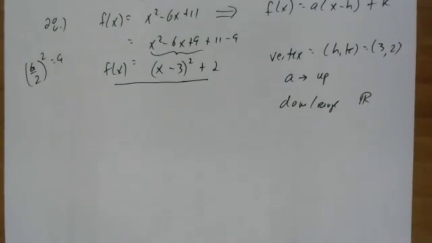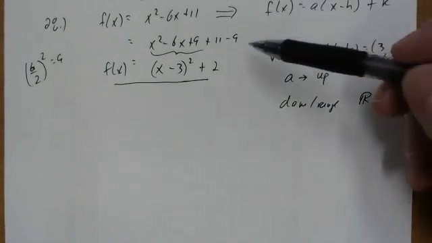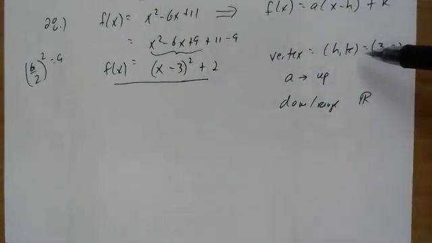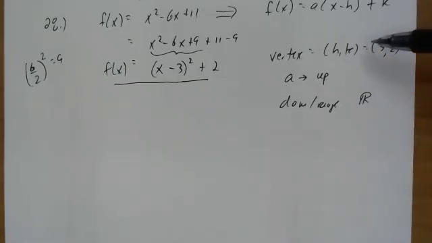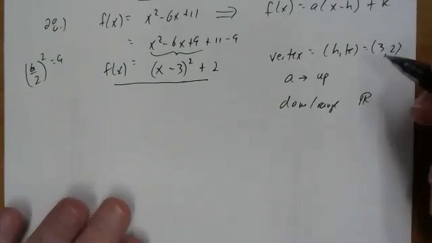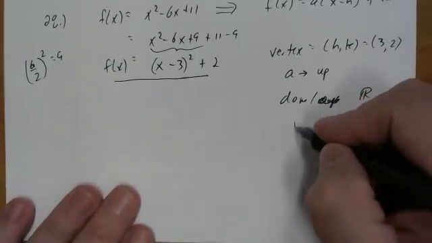Yep, so x minus 3 squared plus 2, vertex 3, 2, opens up, domain. Oh, looks like I messed up on the range. Oh, because it's plus 2. So actually domain is all real.